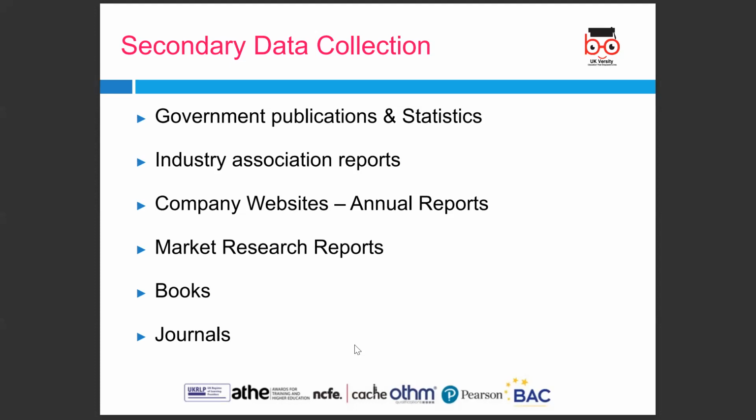Journals are gradually becoming more important these days when data collection is concerned. This is because journals are updated regularly with new publications on a periodic basis, therefore giving today's information. Also, journals are usually more specific when it comes to research.